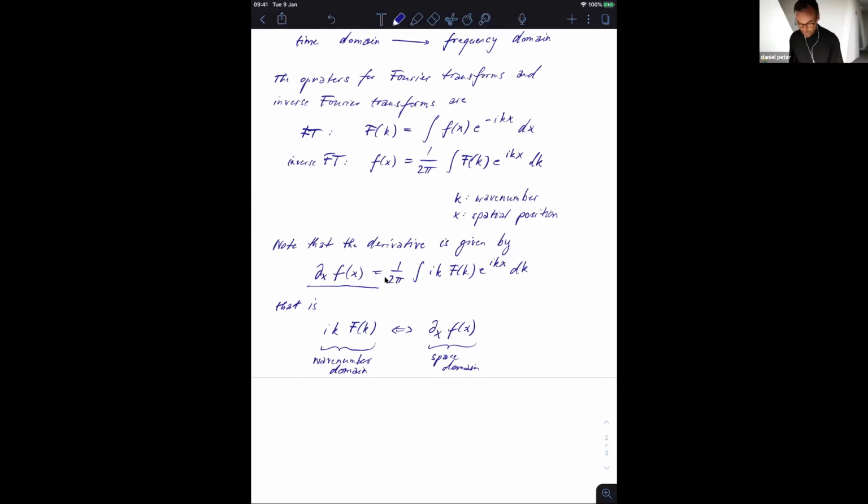So if you want, the derivative would be the inverse Fourier transform, IFT, of our ik F k function. Then this would be equal.